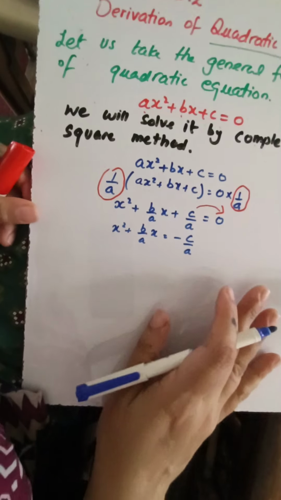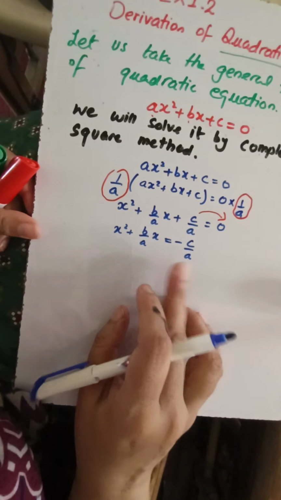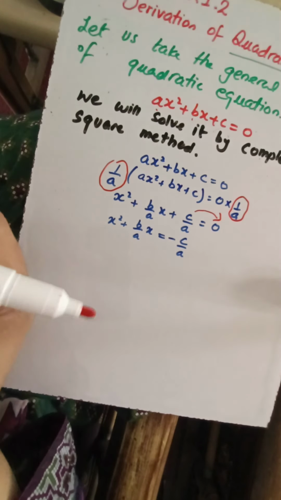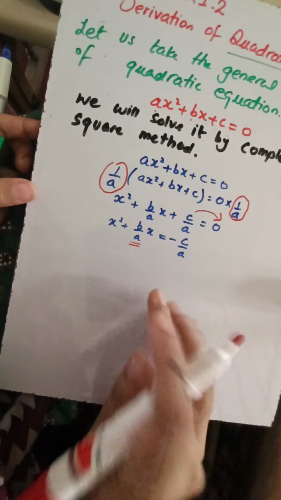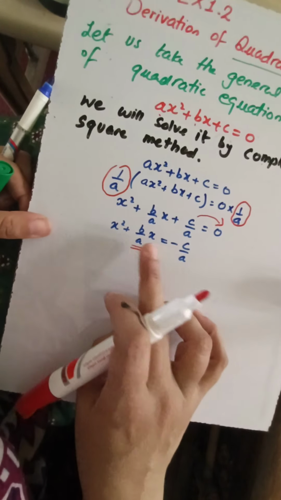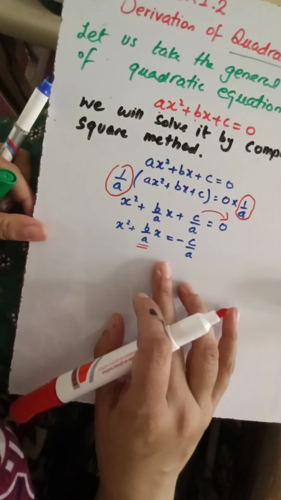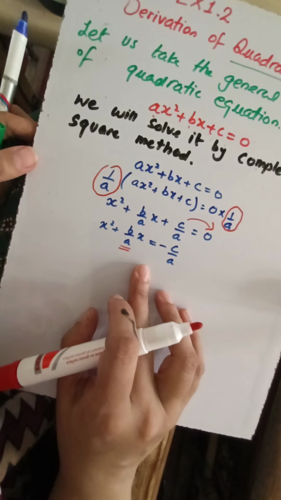Now after doing that, what we did in the previous lecture was that we divided this coefficient by 2, and then we squared it and added it to both sides of the equation. Okay, this is the method of completing square which we have already done in the previous lecture.